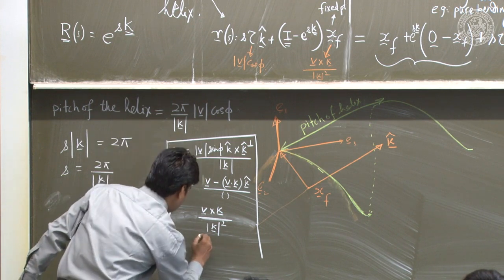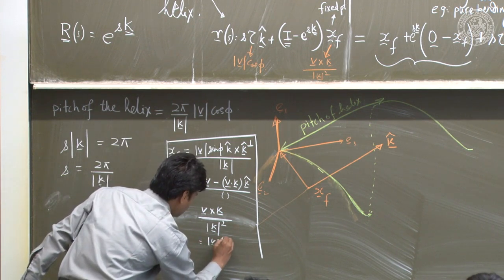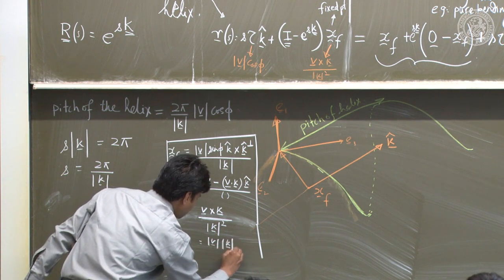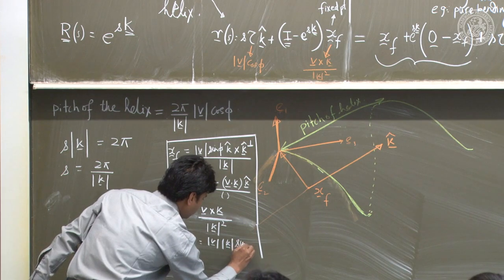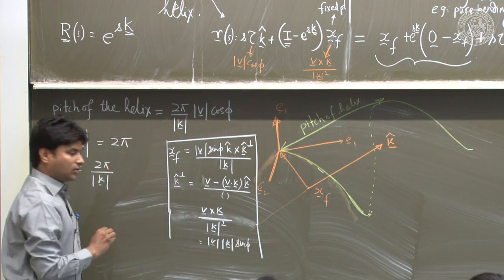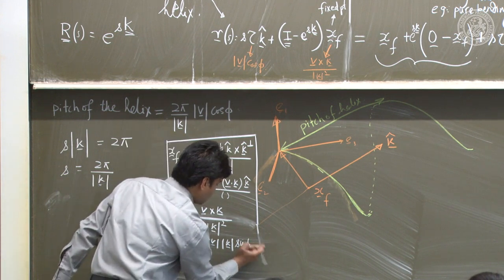So that's same as magnitude of V times magnitude of k times sine of phi, isn't it? And what's the direction of V cross k?